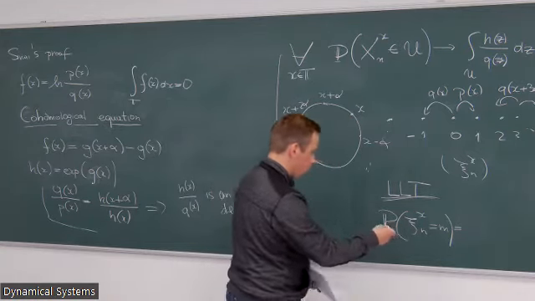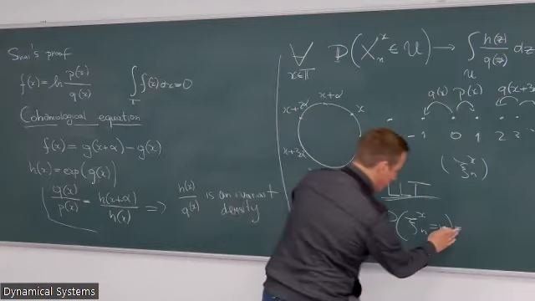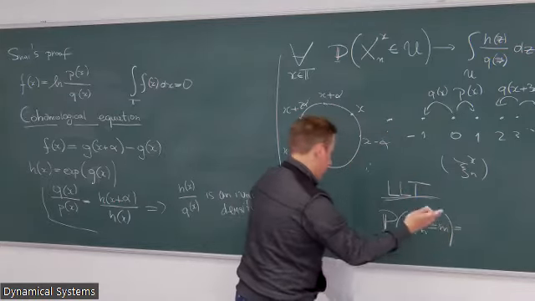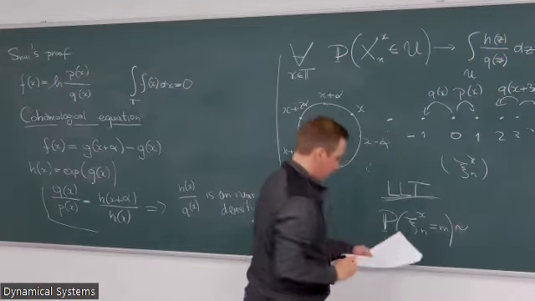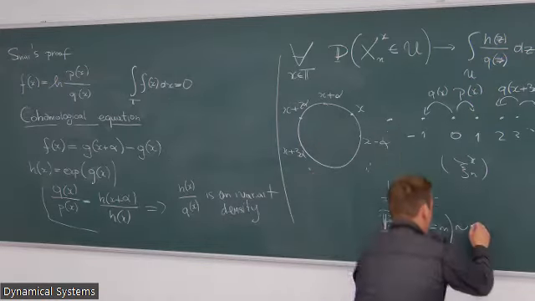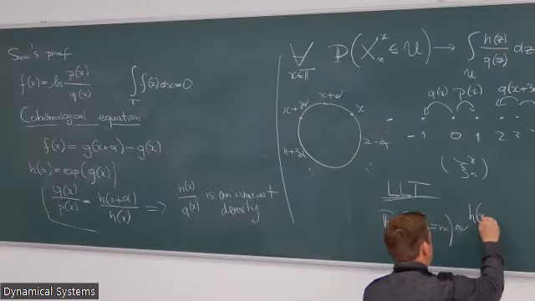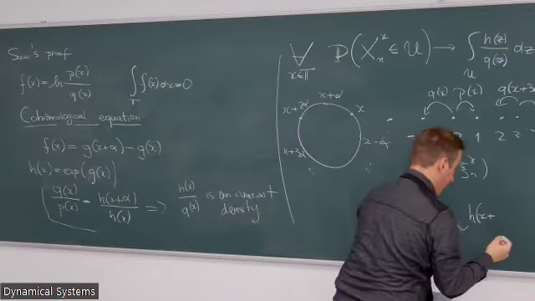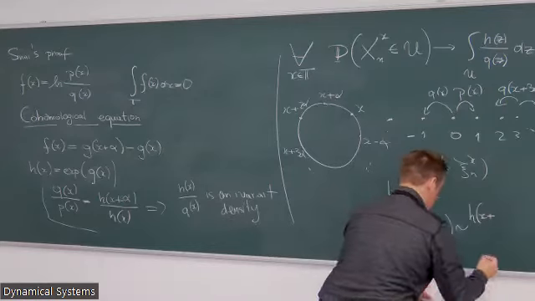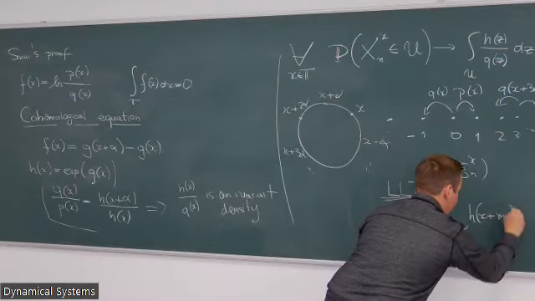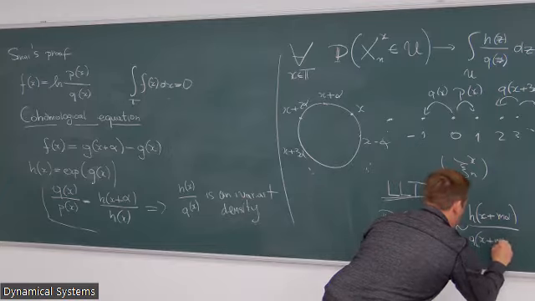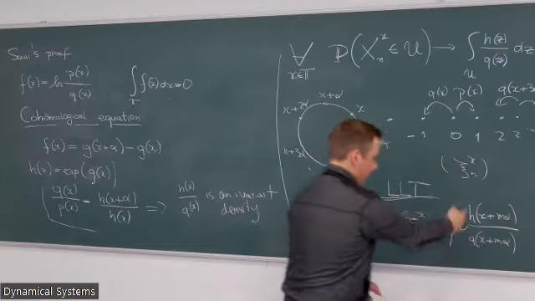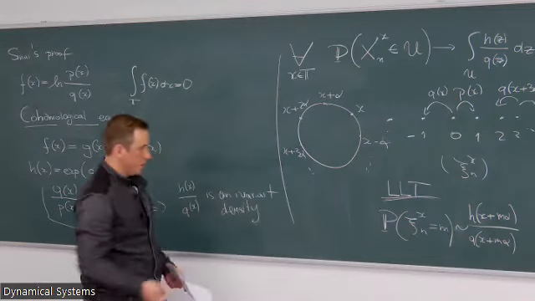So what you want to know is some asymptotic formula. We're not interested in the exact value, but just how fast it decays. And it turns out it behaves like h of x plus m alpha by q of x plus m alpha. So that's our density, in fact.